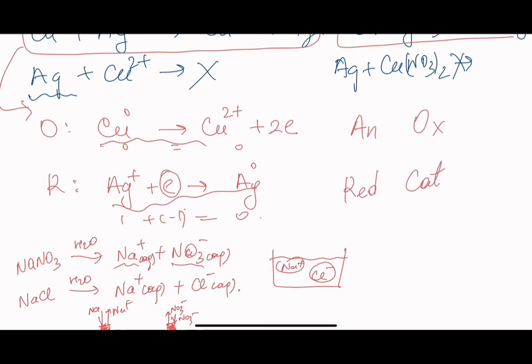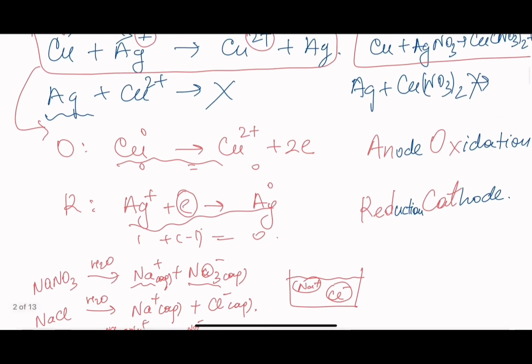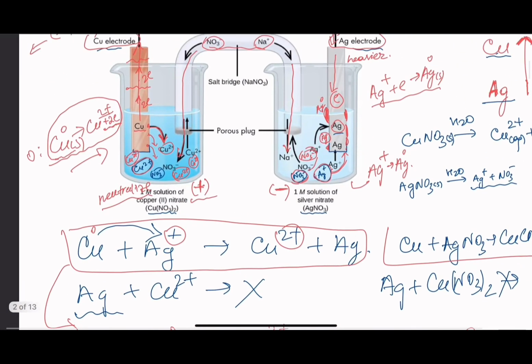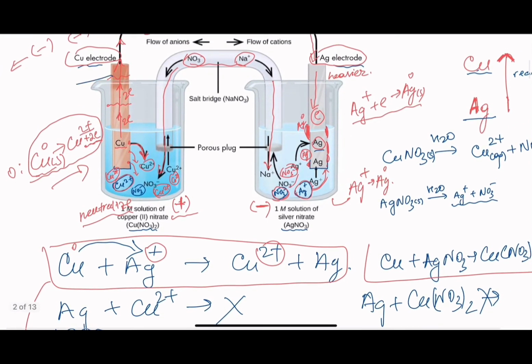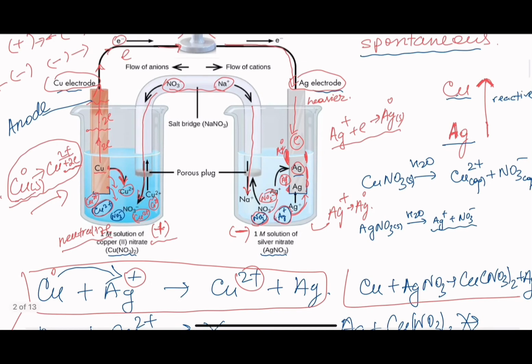An ox stands for anode, where oxidation happens. Reduction happens at the cathode. So one of them is anode, one of them is cathode. So anode is the oxidation. Because copper oxidized, this is the anode, and because silver reduced, this is the cathode.